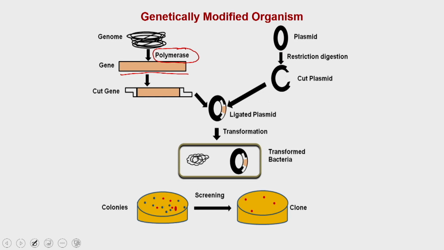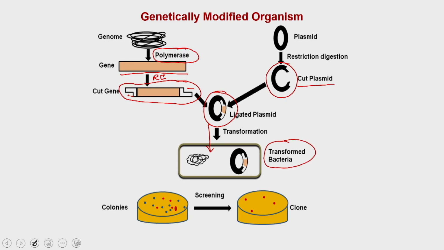Whatever the source, after that you have to digest the gene with restriction enzymes, which generates cohesive ends on both sides. You do a similar procedure for the transforming agents such as plasmids, and then put them for ligation to get the ligated plasmids. These ligated plasmids you put into the host strain, and that is how you get the transformed bacteria or genetically modified organisms.